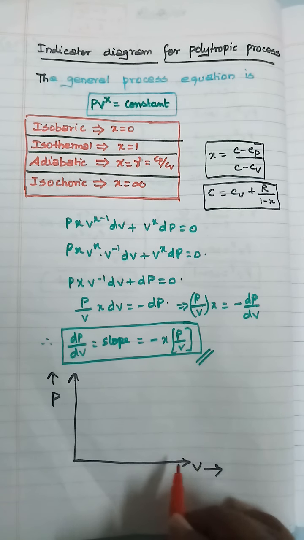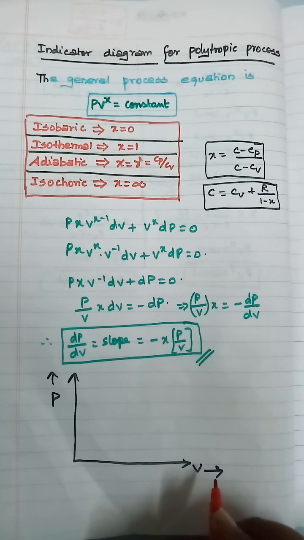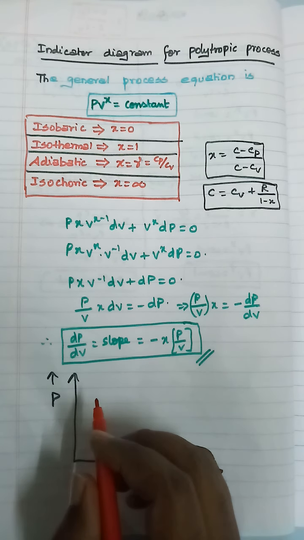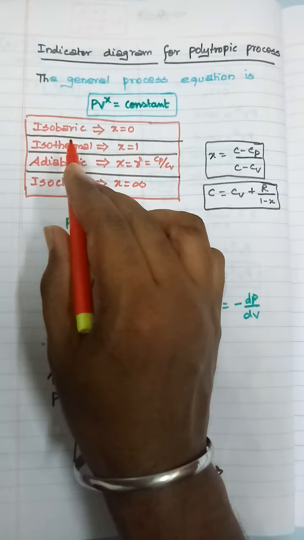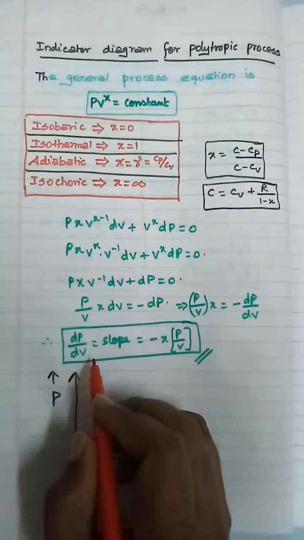Here is the PV diagram, where pressure is along the y-axis and volume along the x-axis. If you draw the PV curve for the isobaric process, you see the equation here.